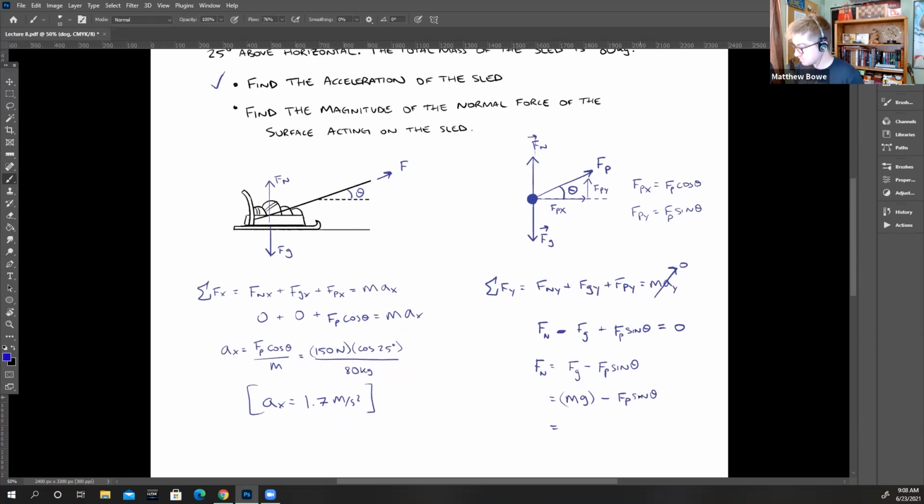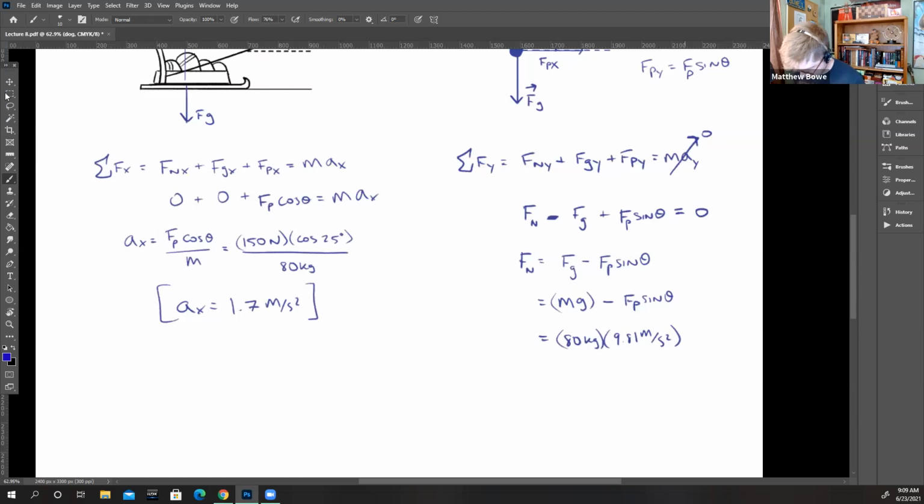So now I will just put in the values. So that's 80 kilograms times 9.81 meters per second squared.